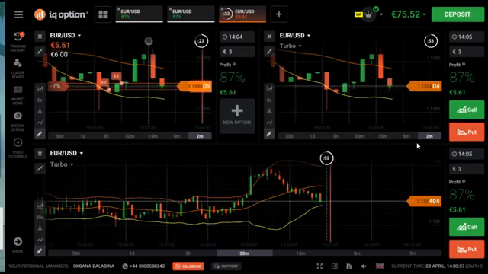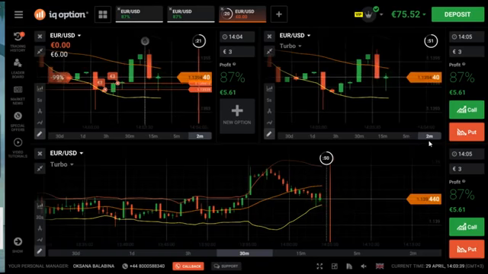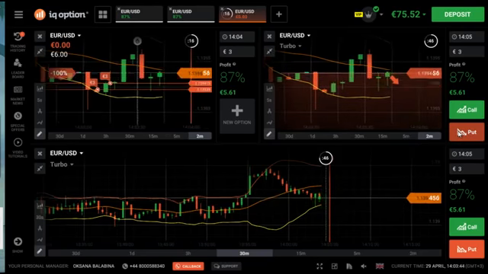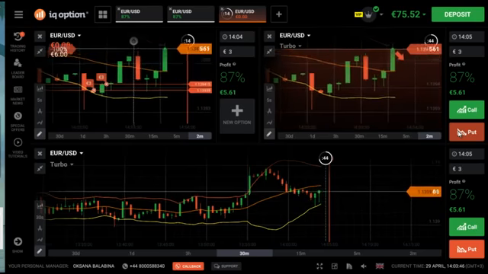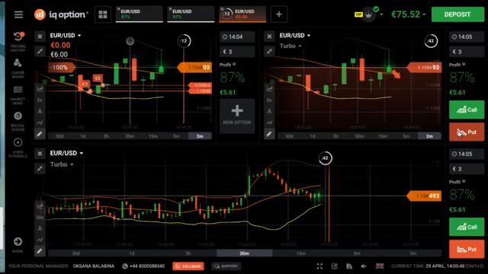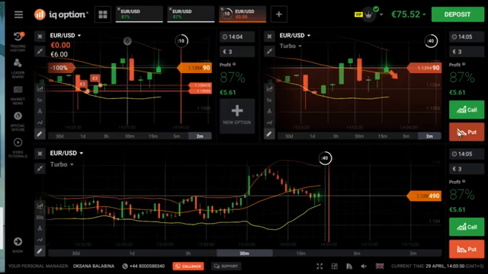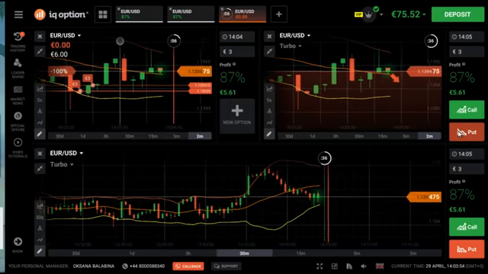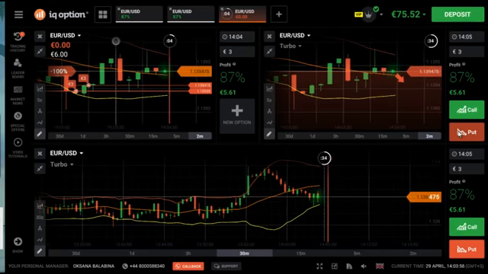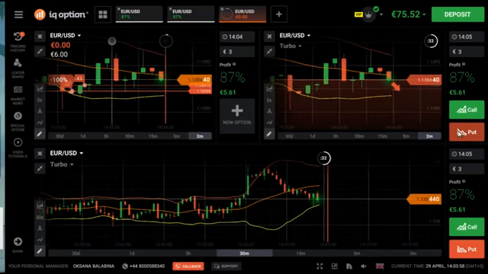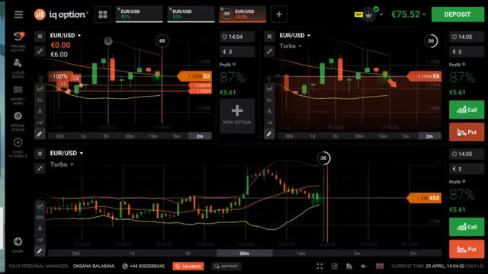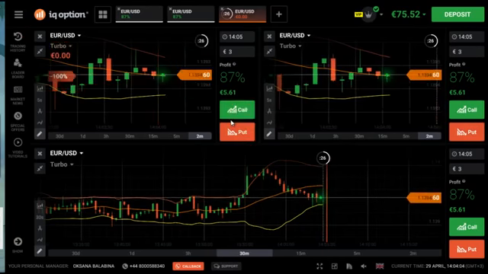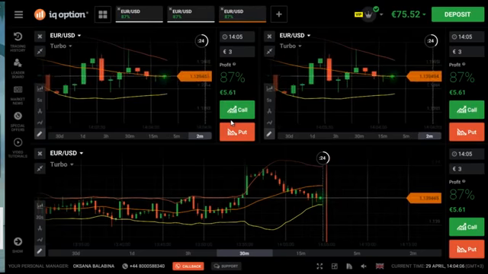Right now it's very undecided. You can either wait till some decision is made, or like I'm doing, just make a little bit of trade, but it's almost useless trading on this candle right now.